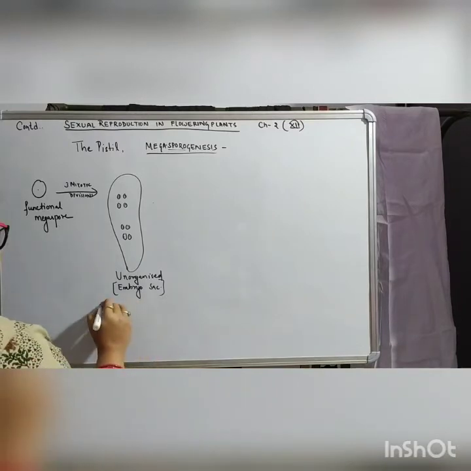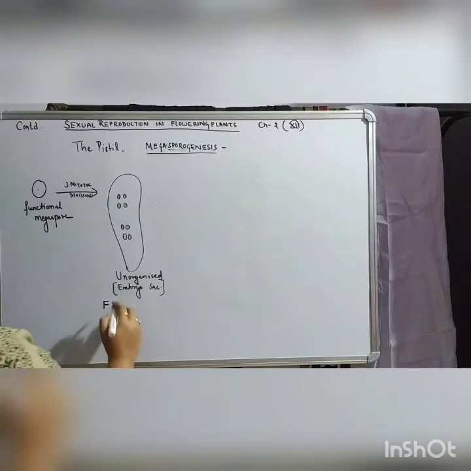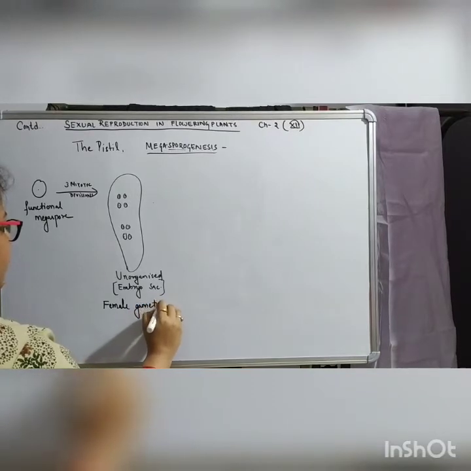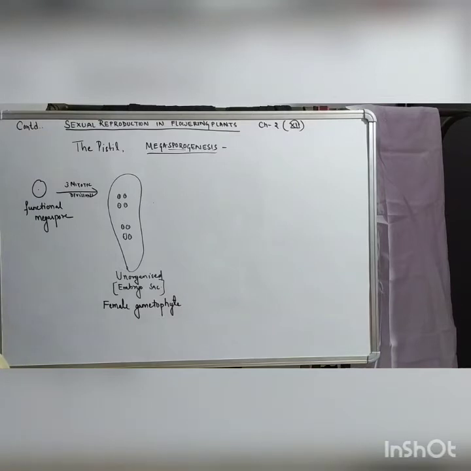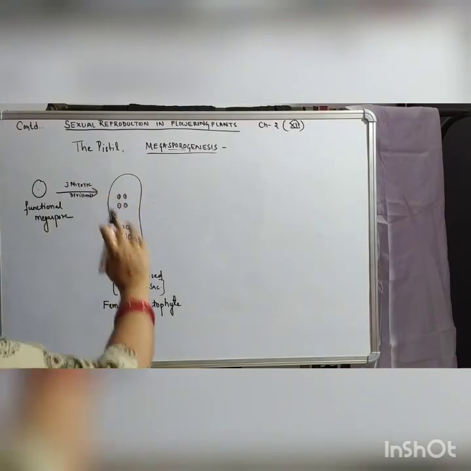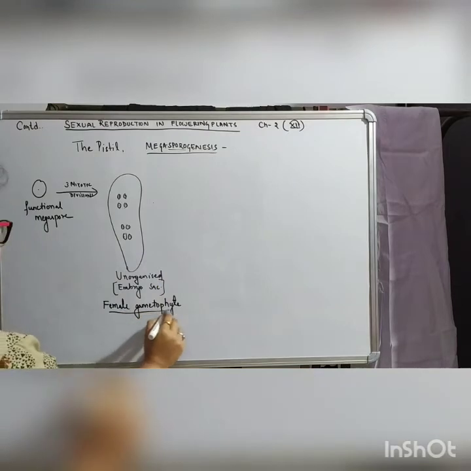Embryo sac is the final product of the megasporogenesis process. This is the female gametophyte. Now we will be talking about the arrangement of these 8 nucleated cells into the female gametophyte.